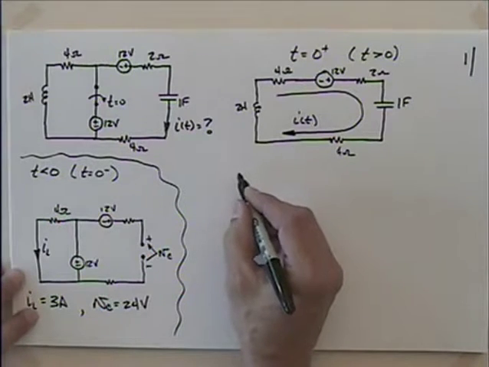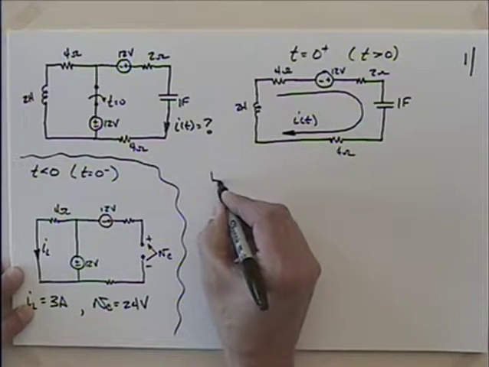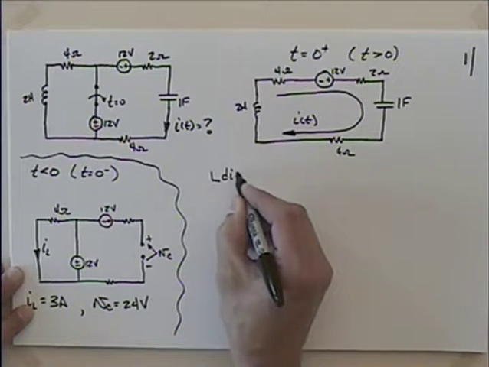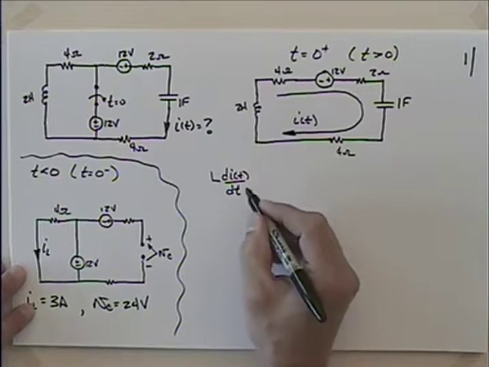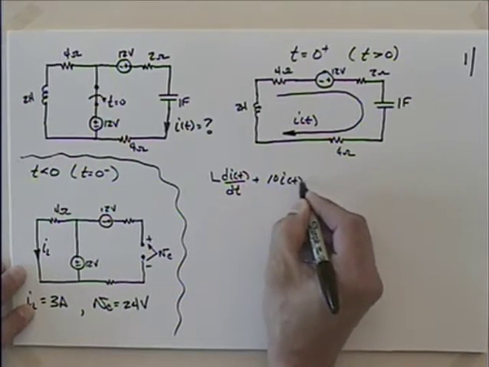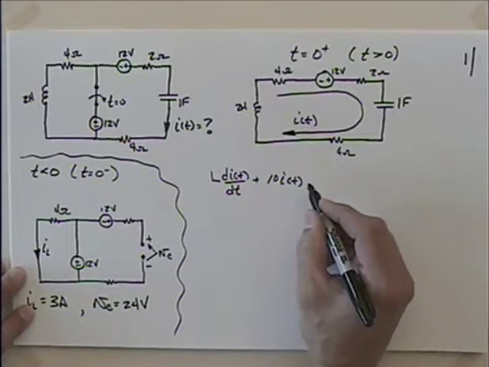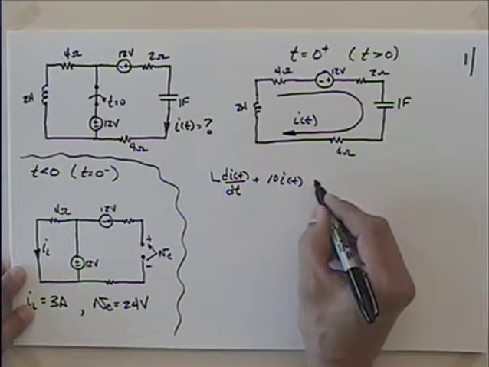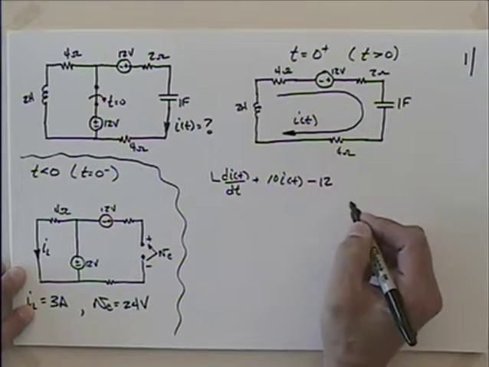I used Kirchhoff's law and developed the expression that I had L di of t dt, because that was the voltage drop across that inductor, plus 10 I of t, that's the voltage drop across all the resistors. 2, 4 and a 4, and a 2 gives me 10. Then I had this gain here, so I'm going to subtract 12 because that's a gain.